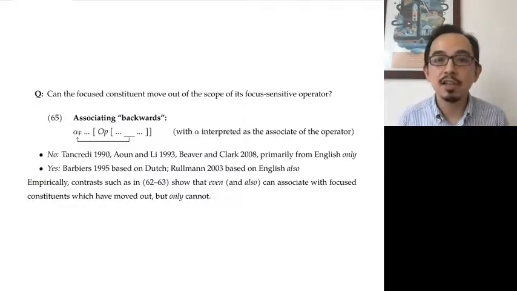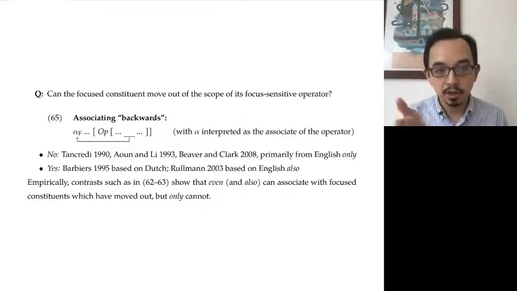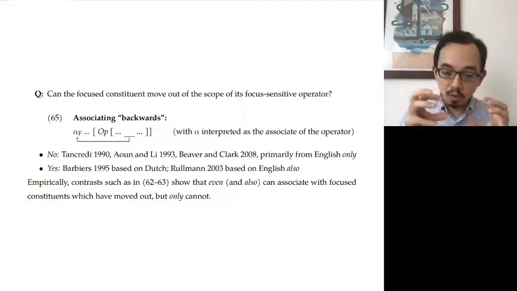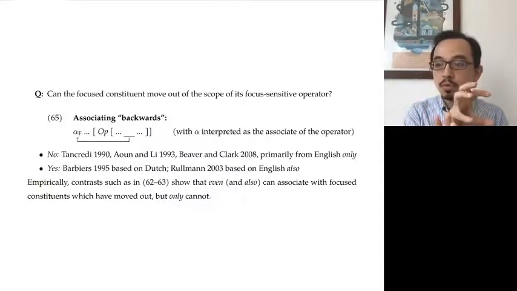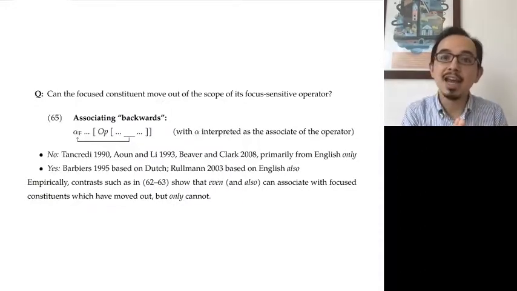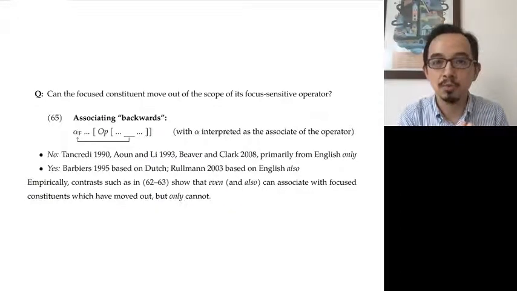And the second point of variation is in potential differences in the meaning of particles themselves. So the first one is a point of variation I thought more about in my dissertation. So it turns out, for example, that the reason for these citations here, the reason for the discussion in the German literature, is that it has been documented before that actually when you have movement out of only in German or Dutch, you can actually continue to associate with the particle.